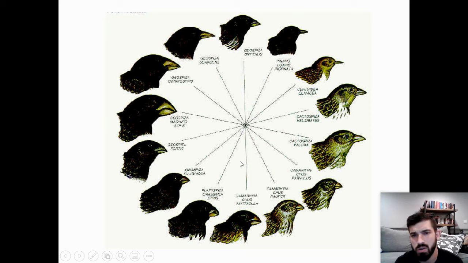However, over the course of time, because of which beak sizes would be best for getting a certain kind of food, we saw the population start to have a disruptive shift towards both extremes. We got a lot of birds with bigger beaks, which were better for eating tree nuts, and we had a bunch of birds with smaller and longer, thinner beaks, which were better for catching and eating insects.